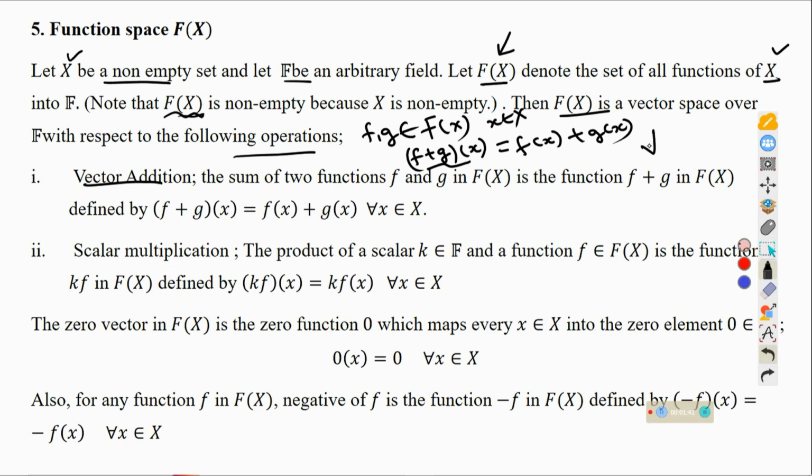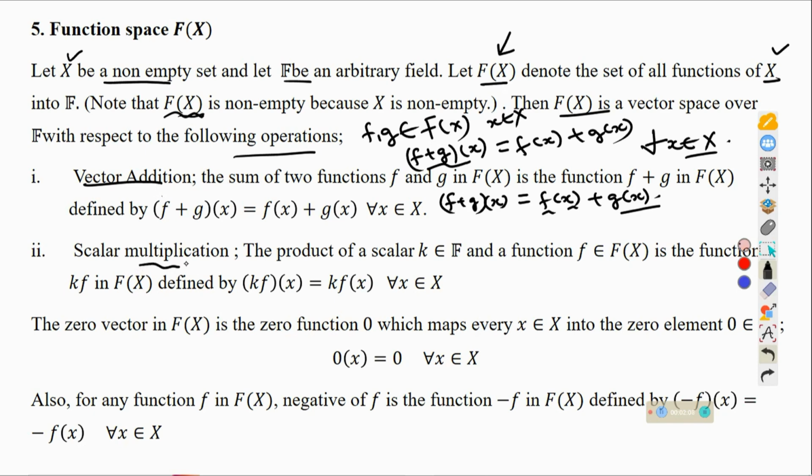And this is applicable for all values of x picked from the set X. So we can easily define the vector addition.